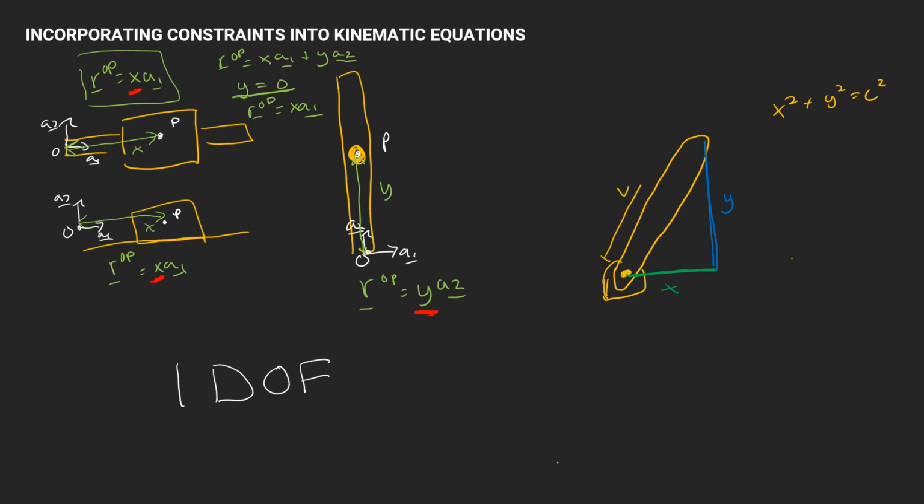So L is this distance here. Then to write it in our proper form, we have x squared plus y squared minus L squared. So this is our constraint. How are we actually incorporating that when we're writing our position vector?